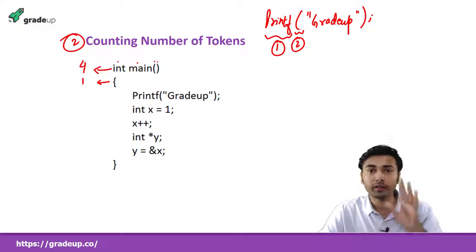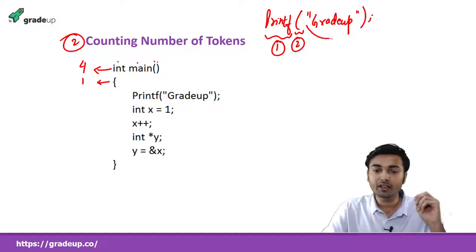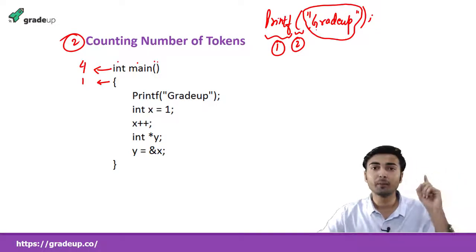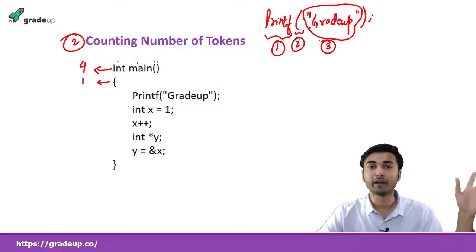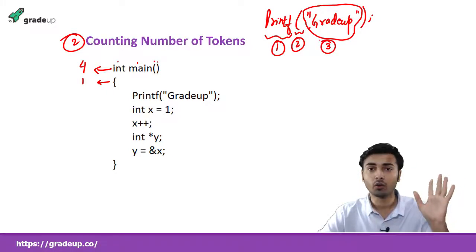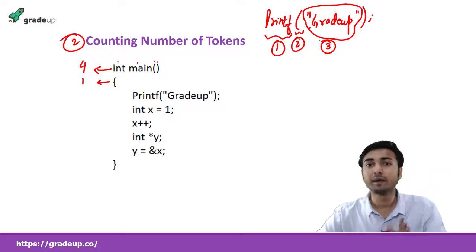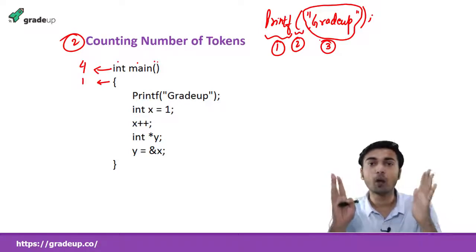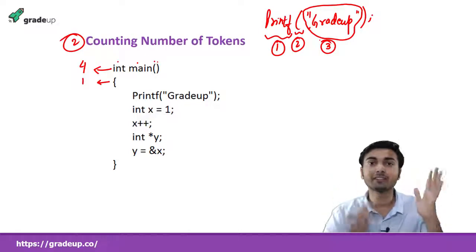Now the things which are enclosed in inverted commas will be counted as one single token only. It will not be split, like GRAD or something like that. If something is written in inverted commas, that will be clubbed as a single token.